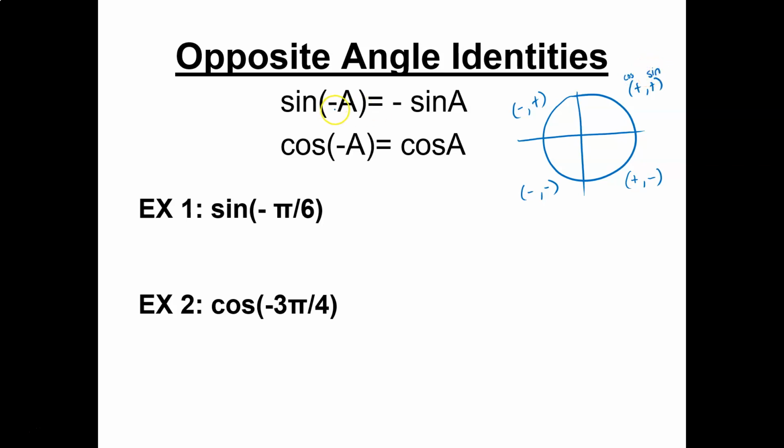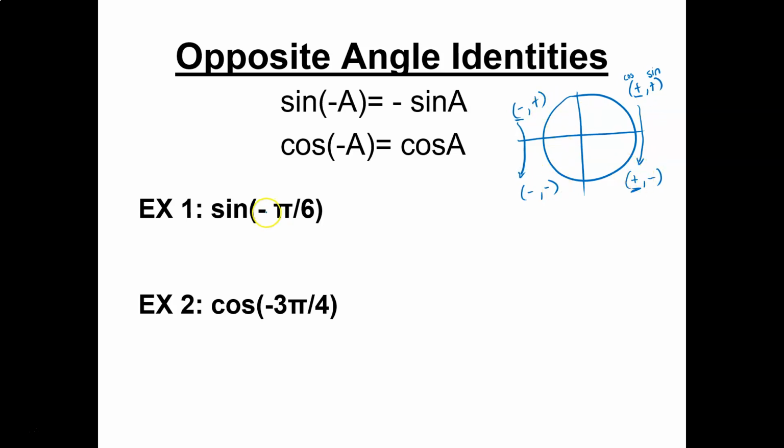When we make our variable negative, that flips over to the opposite side. So if you look at what's happening here with these, cosine, whenever you flip this over, it does not change signs, but sine does.